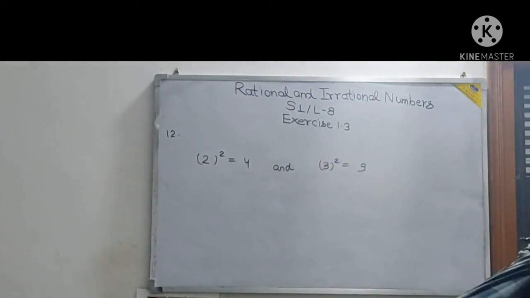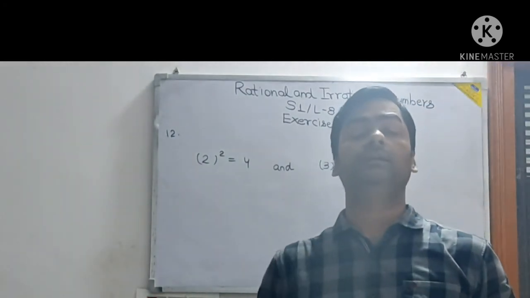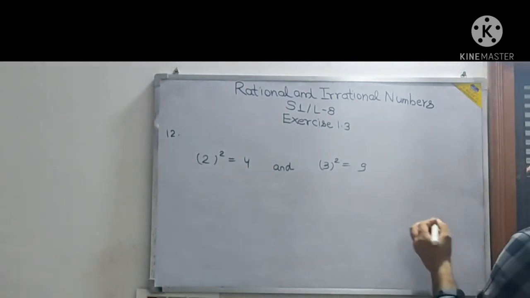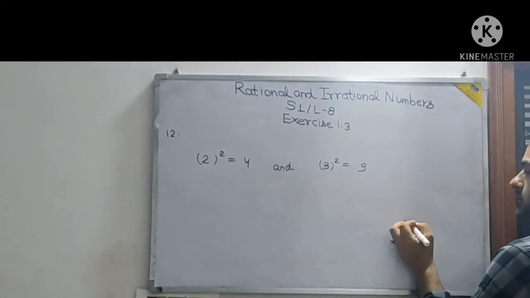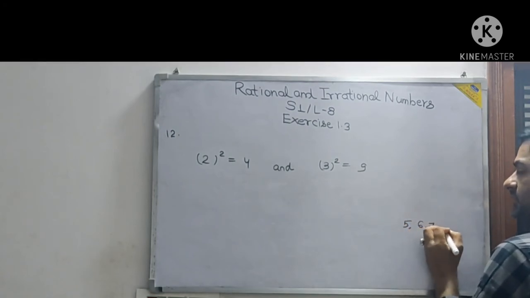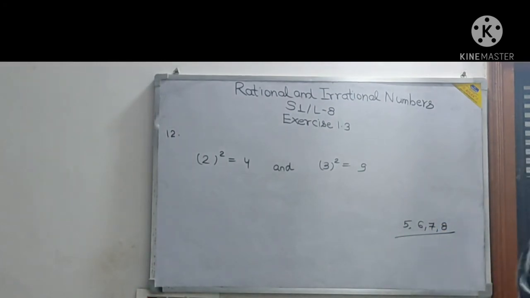Now see, between 4 and 9. Between 4 and 9, how many numbers are there which are not perfect squares? So can I say 5 is there, 6 is there, 7 is there, 8 also is there. These all numbers are what? The non-perfect squares. That is not a particular term, but see here.